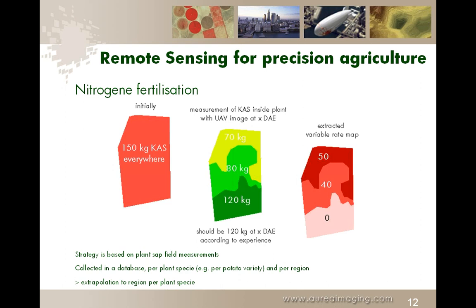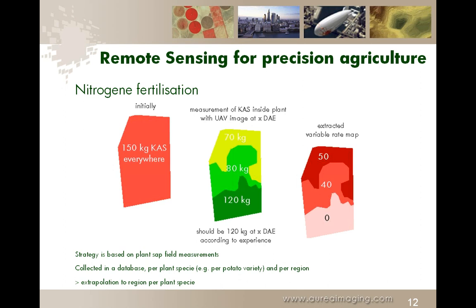And based on what is available, we can make the difference map, because according to the experience, we know that for the second application of fertilizer, the required level of nitrogen in the plant should be around 120 kilograms a hectare. So, knowing what is available, we can make a variable rate task map.